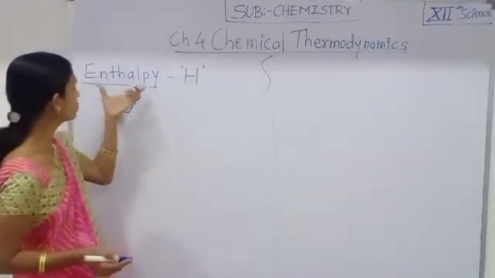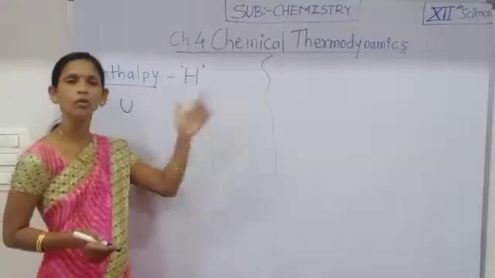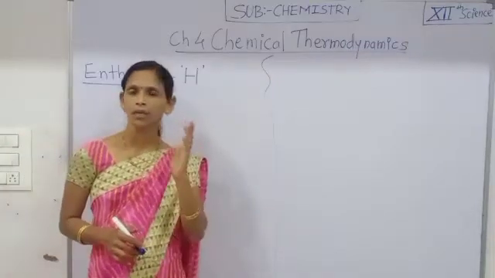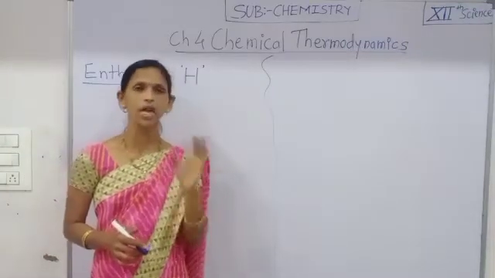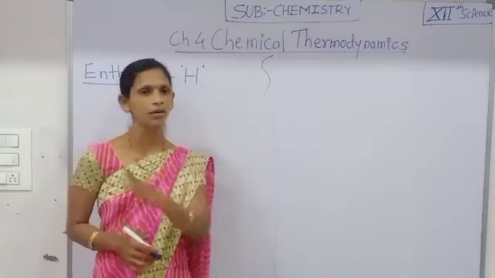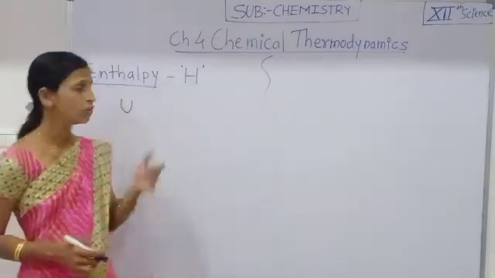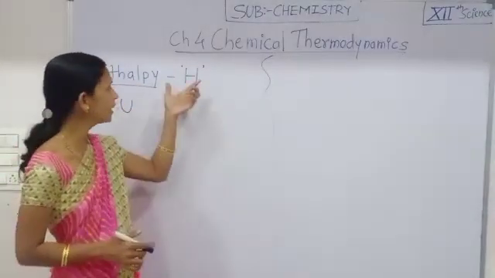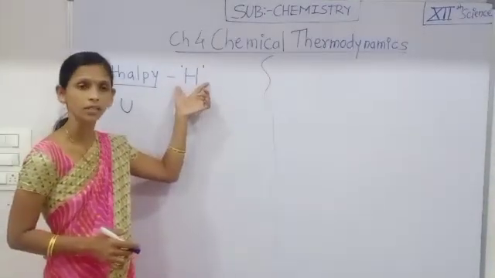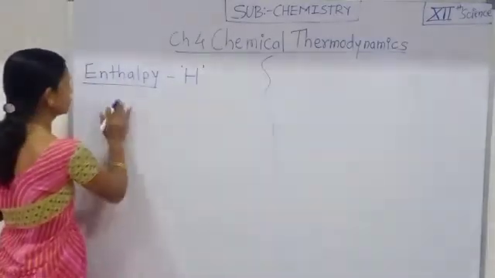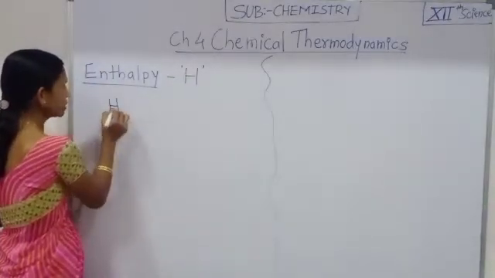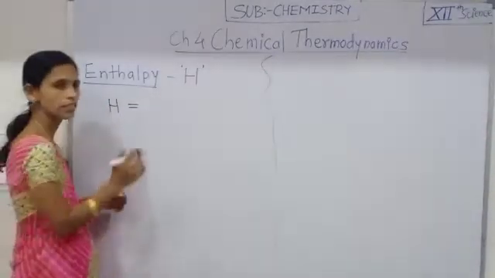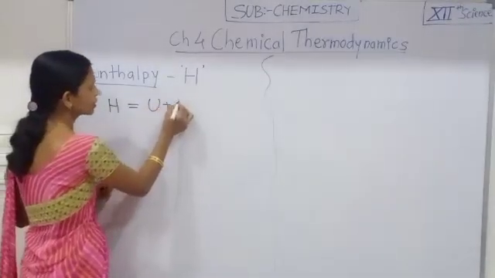Here we will discuss the enthalpy of the substance as well as the enthalpy of the system or enthalpy of the chemical reaction. First of all, what is enthalpy? Enthalpy is denoted by capital H, and it can be calculated using this formula, H is equal to U plus PV.